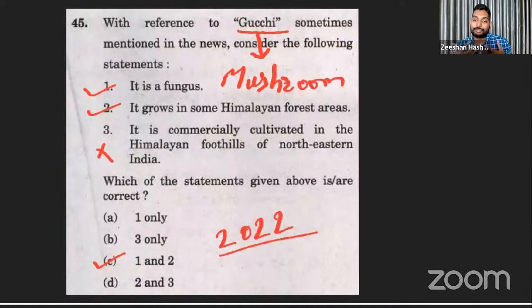Now, what is our duty as civil services aspirants? We know that UPSC is following a particular trend. If it has asked a particular question on mushroom, using PYQ analysis level 1, level 2, level 3, level 4, it is our duty to at least stay abreast with the mushrooms in Indian context that are prominently in news.